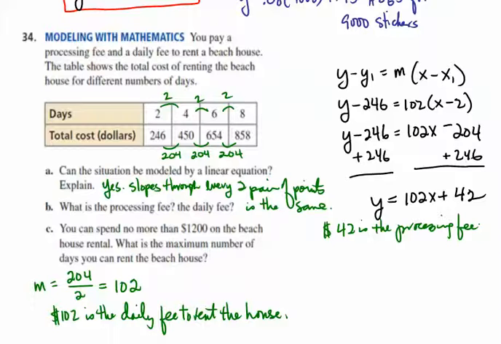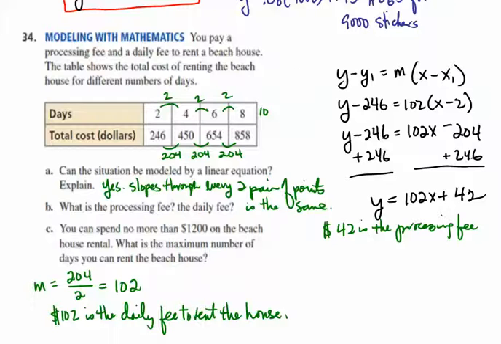And finally, to answer question C, we can spend no more than $1,200 on the beach house rental. What is the maximum number of days you can rent the beach house for? So there are two ways of going about this. One way is we can continue to expand.